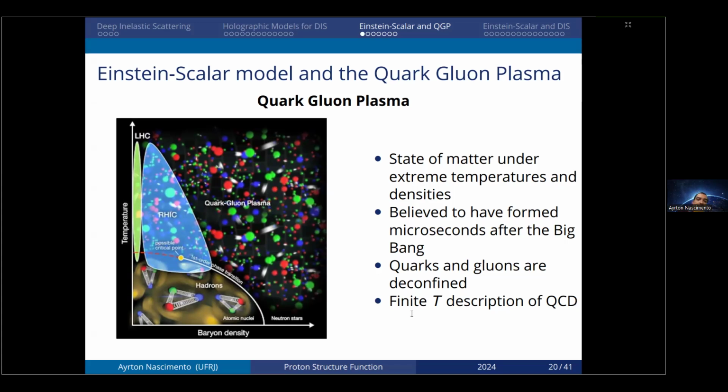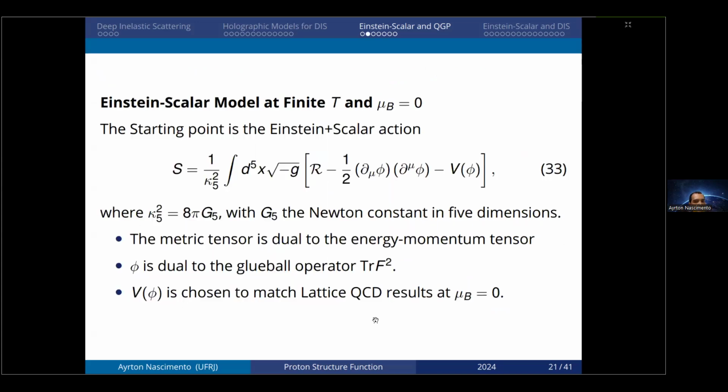So instead of doing finite temperature QCD, you just do finite temperature descriptions of holographic models to describe the QGP. This is the motivation for why people start doing such stuff.